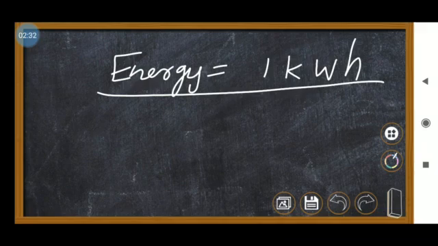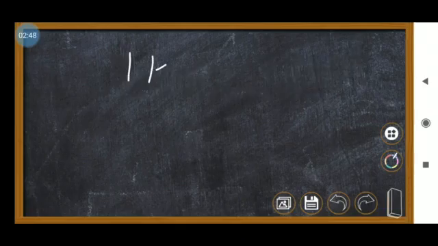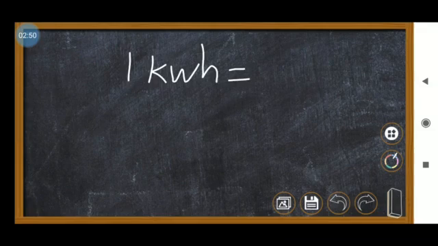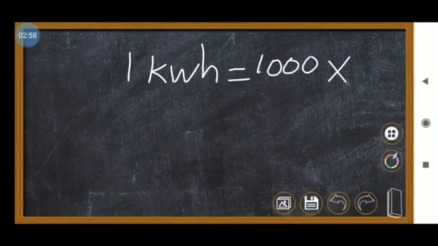So what does 1 kilowatt hour mean? It is 1000 joules of energy per second while running, that is called 1 kilowatt, so 1 kilowatt hour. We can represent 1 kilowatt hour in terms of joule. 1 kilowatt equals 1000 watt, and we convert 1 hour to seconds: 1 hour equals 60 minutes, and 1 minute equals 60 seconds.